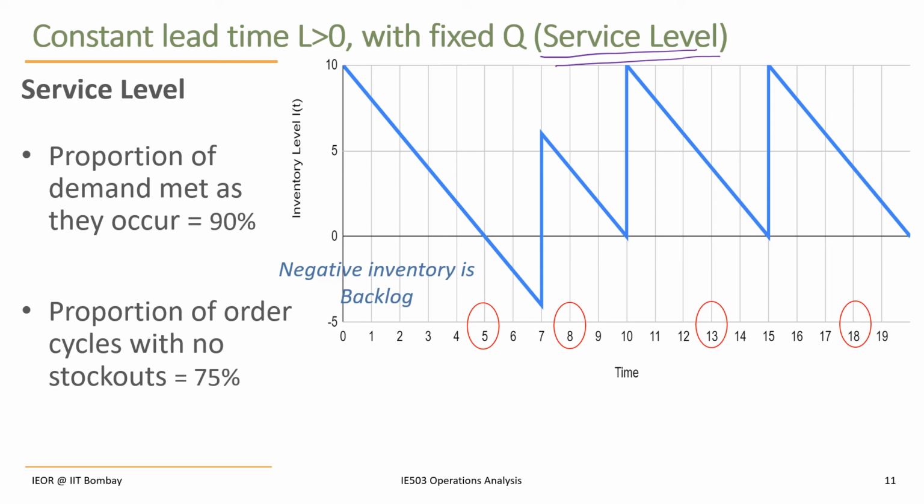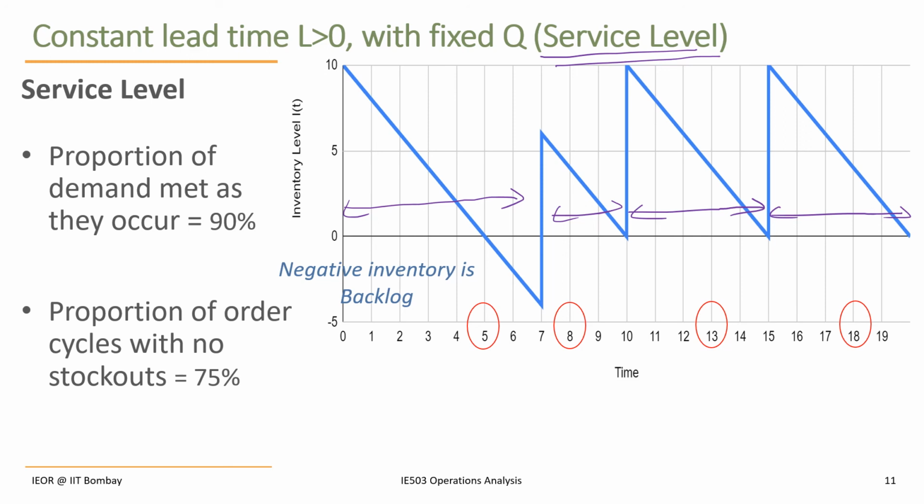Let's take this one, the proportion of order cycles with no stockouts. In this case, we have 4 order cycles. One order cycle goes from 0 to time 7, then the second order cycle, third order cycle, and fourth order cycle. At time 20 again we'll assume 10 more units have come.